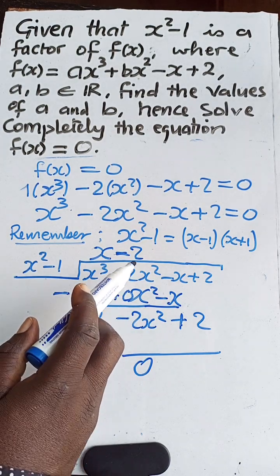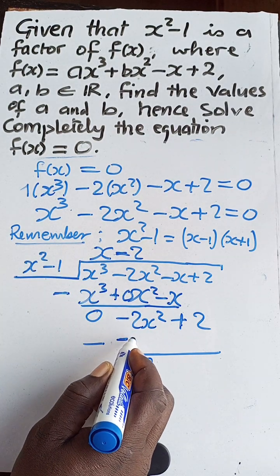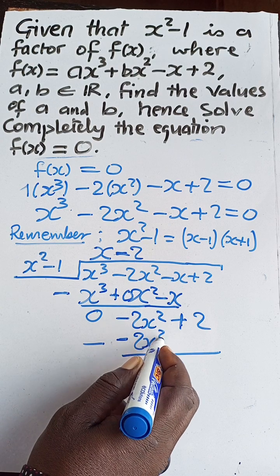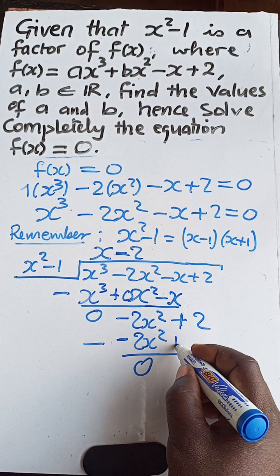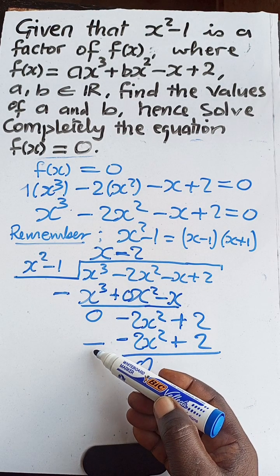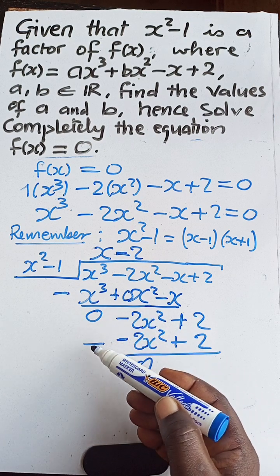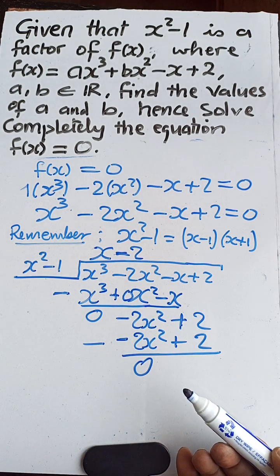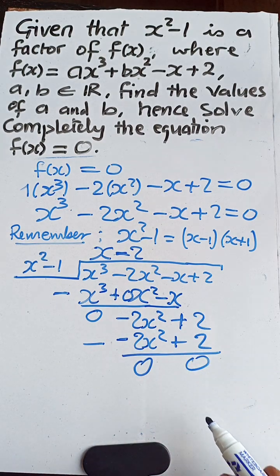So that -2 multiplied to x squared will give us -2x squared. Negative 2 multiplied to negative 1 will give us plus 2. So at the end of the day, what are we subtracting? Look at this subtraction. What are we subtracting? Something minus itself is 0. So our division process ends here.